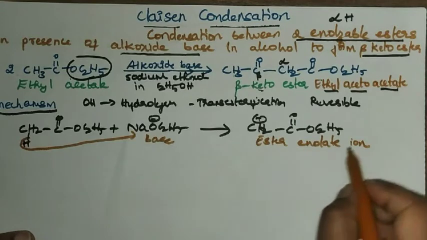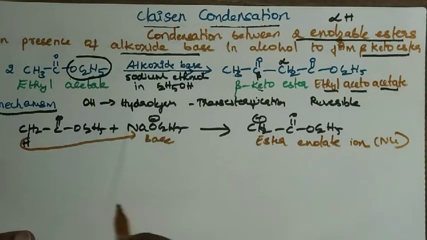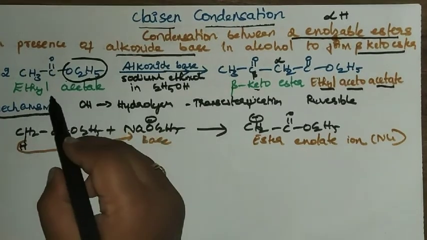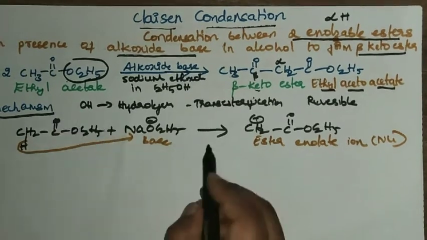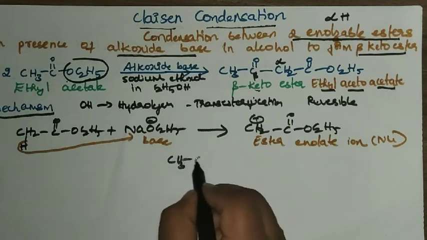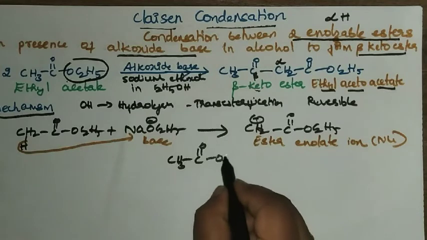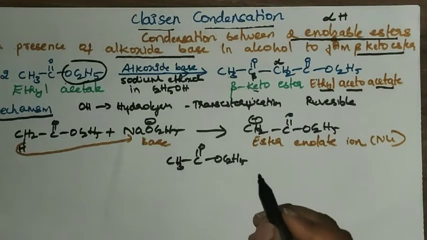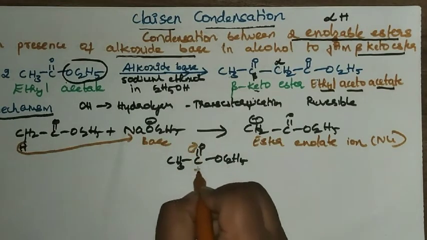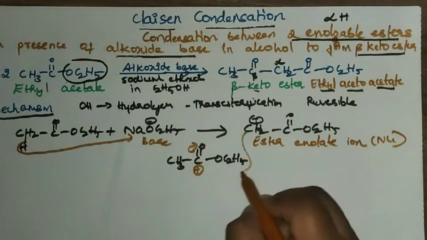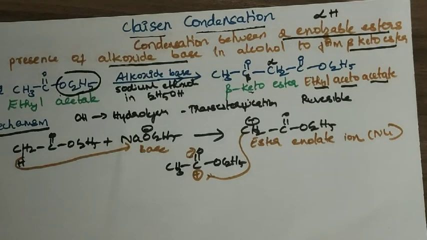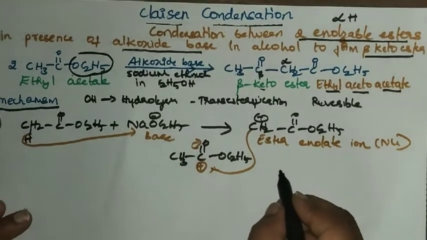The carbanion, which is also the nucleophile, will attack the second molecule of ethyl acetate. Here we are using 2 moles of ethyl acetate. So where will it attack? Always the carbonyl carbon provides 2 sides, so the nucleophile will always attack the electron deficient carbon atom. It will lead to formation of an alkoxide derivative.